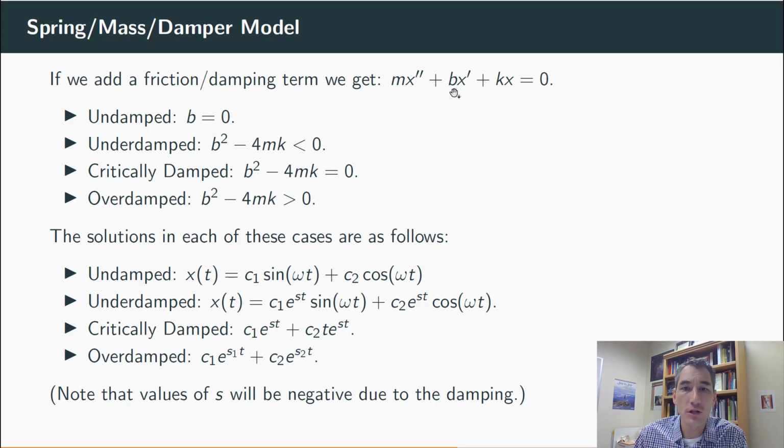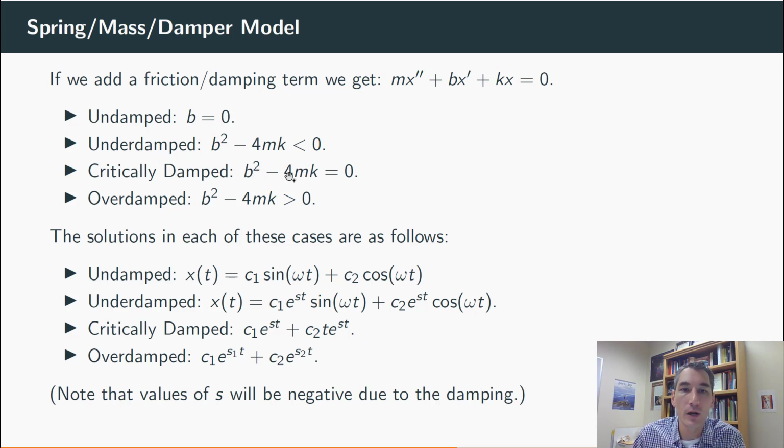If the friction term is small, that is, if b squared minus 4mk is negative here, and this is coming from the quadratic formula, if that b is relatively small, we call it underdamped. There's not very much friction in the system.